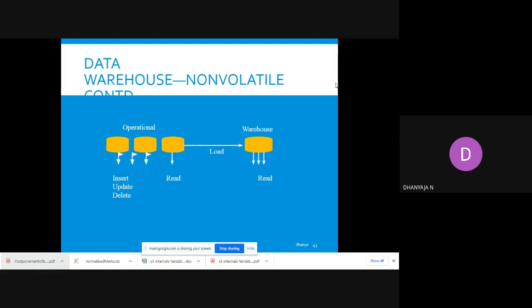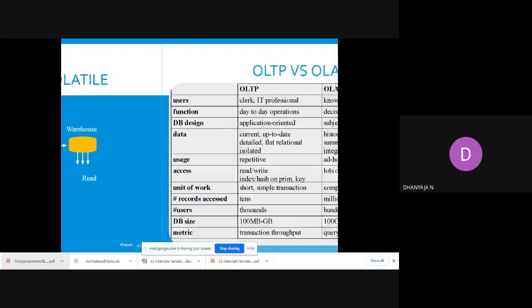Here you can see in an operational database you can do insert, update, or delete operations. And there you can see it is reloading, and after the loading process it will be loaded inside the data warehouse. So this will be in an organized manner, then we can access it easily.